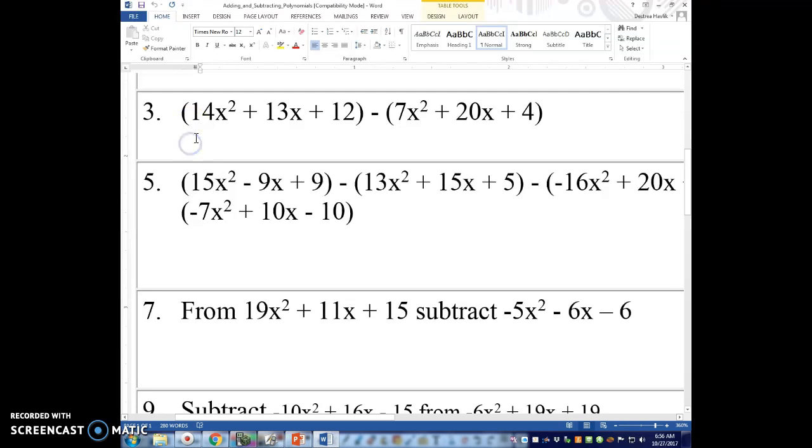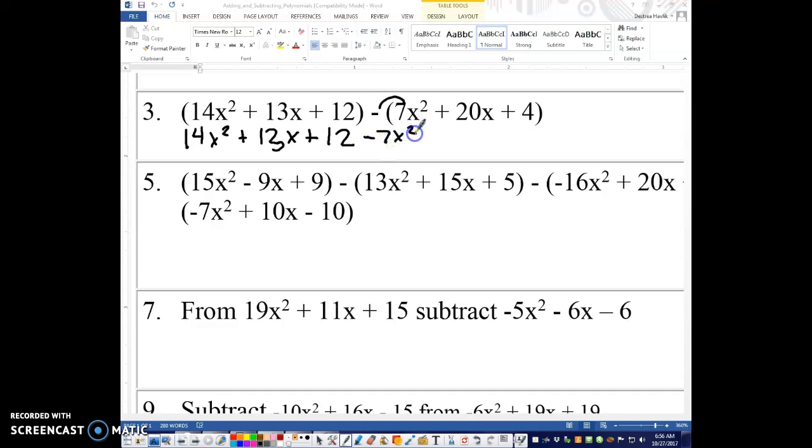So we have 14x squared plus 12x, 13x, plus 12. That negative sign changes this to a negative 7x squared, changes this to a negative 20x, and it changes this to a negative 4. Okay?